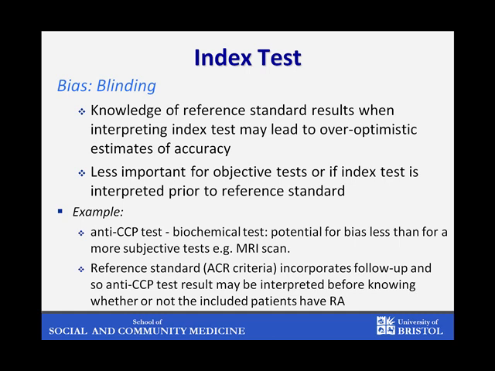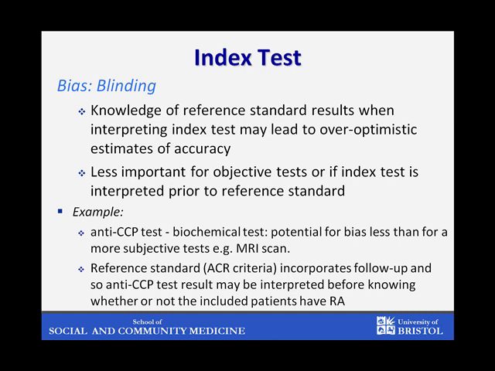Okay, what about how the index test is actually administered? So here, just as in randomized controlled trials, we have the concept of blinding. By blinding, what we mean is that the interpretation of the index test must be done without knowledge of the reference standard, as obviously if you know the reference standard, that could influence your interpretation of the index test.